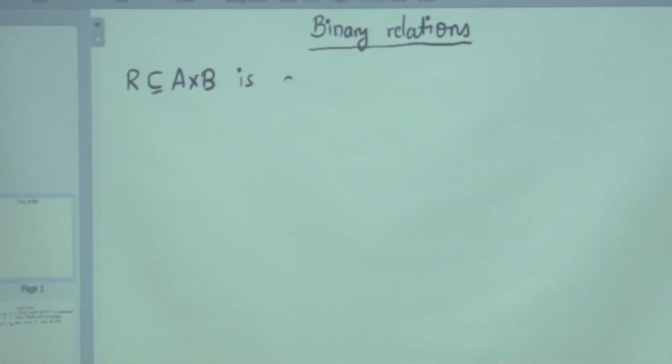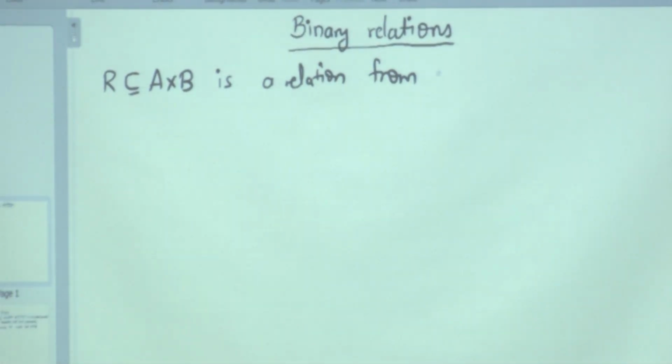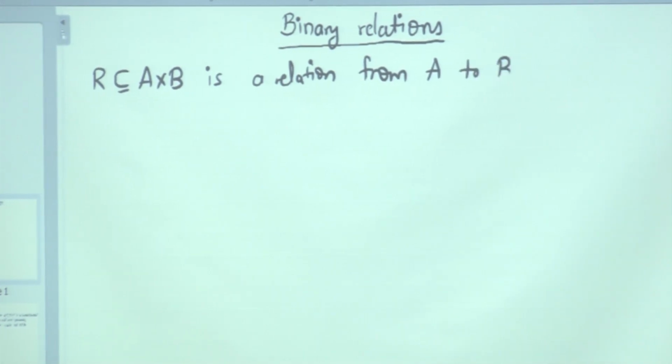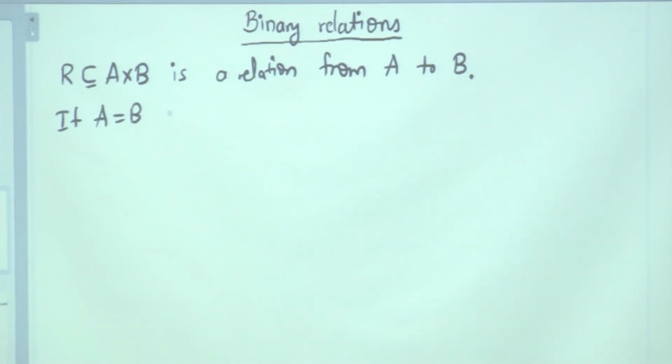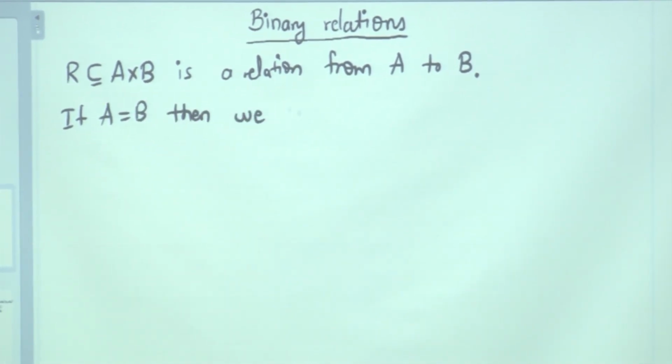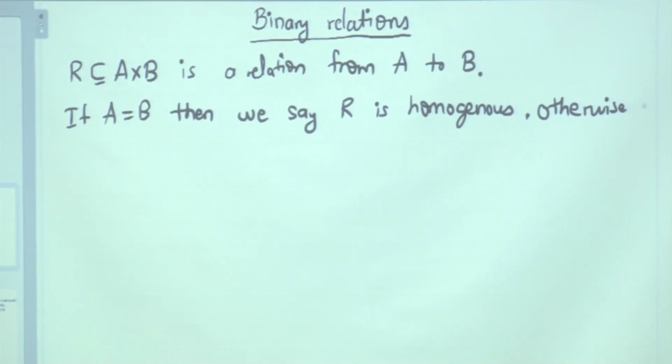So, R, a subset of A cross B, is a relation from A to B. If A is equal to B, then we say R is homogeneous. Otherwise, heterogeneous.